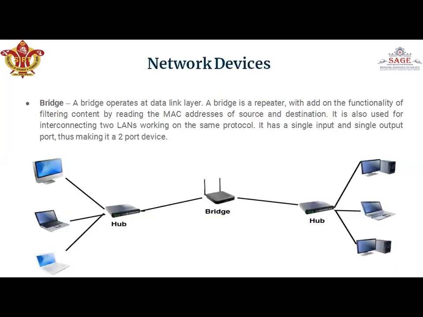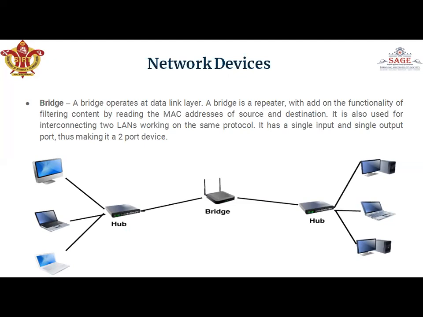The next network device is a bridge. A bridge operates at the data link layer. A bridge is a repeater with the added functionality of filtering content by reading the MAC address of the source and destination. It is also used for interconnecting two LANs working on the same protocol.